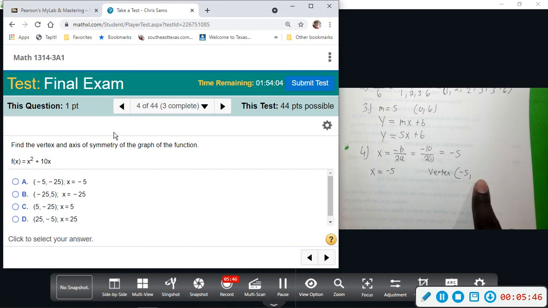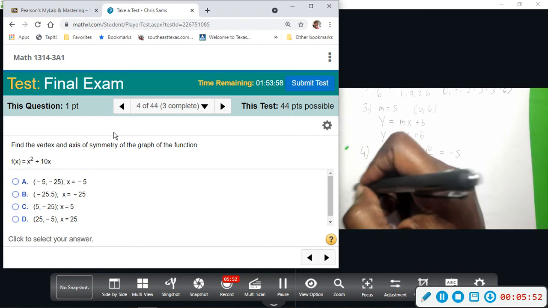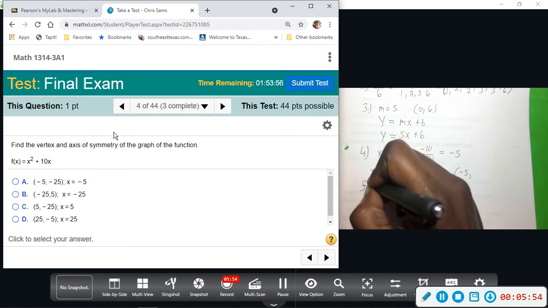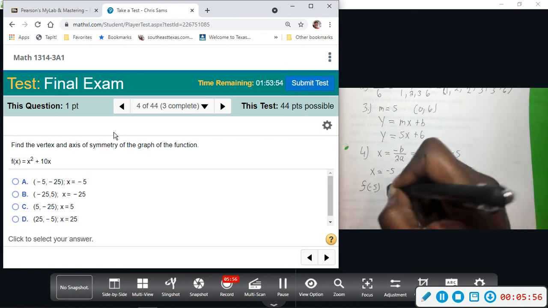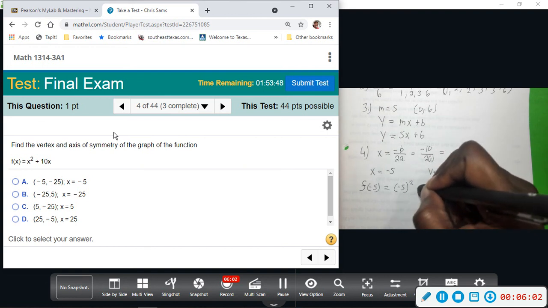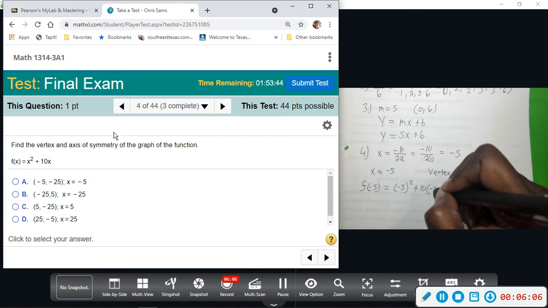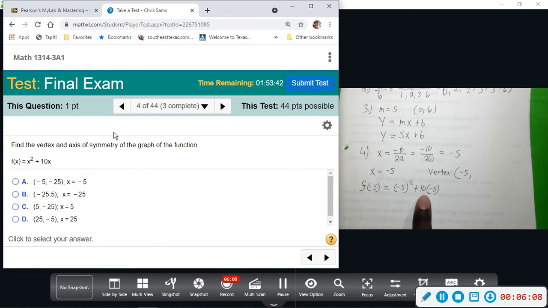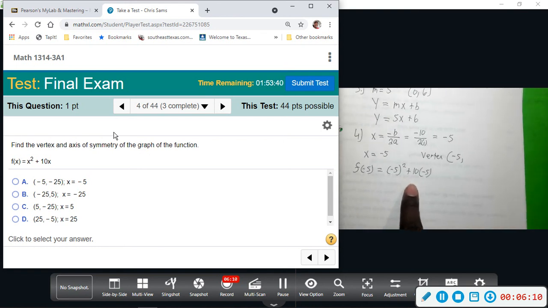There's a couple of ways you can get the y value. One is by plugging in this value. So we can just do f of negative 5, which will be negative 5 squared plus 10 times negative 5. This is the old traditional way. Now in class, I think I showed you another way.